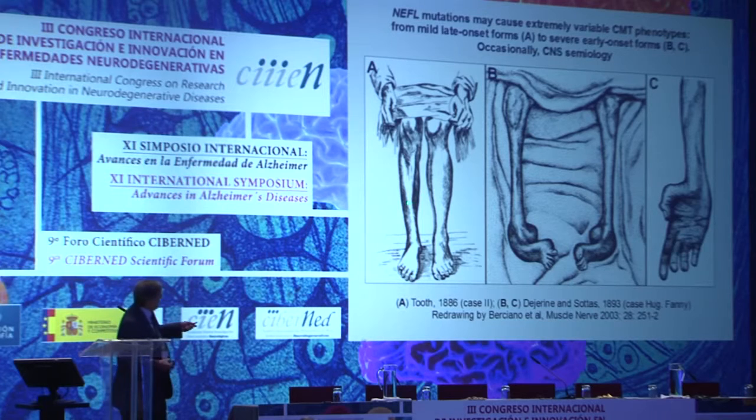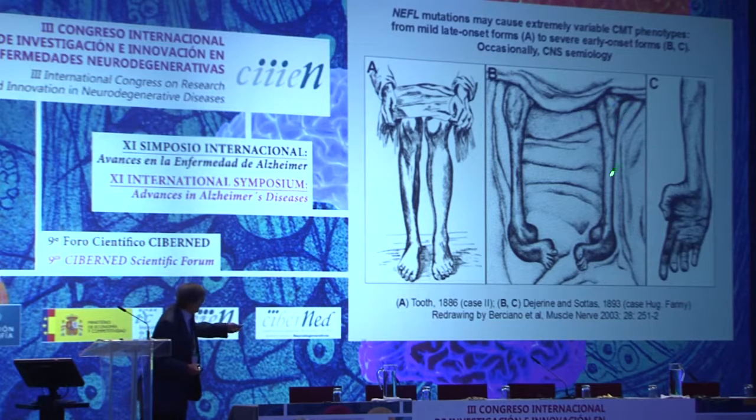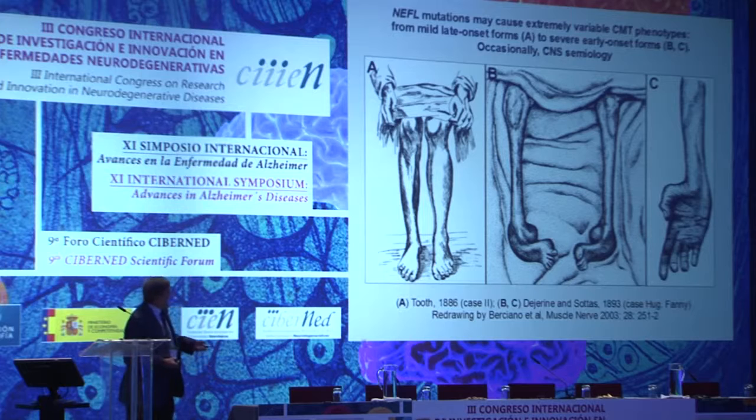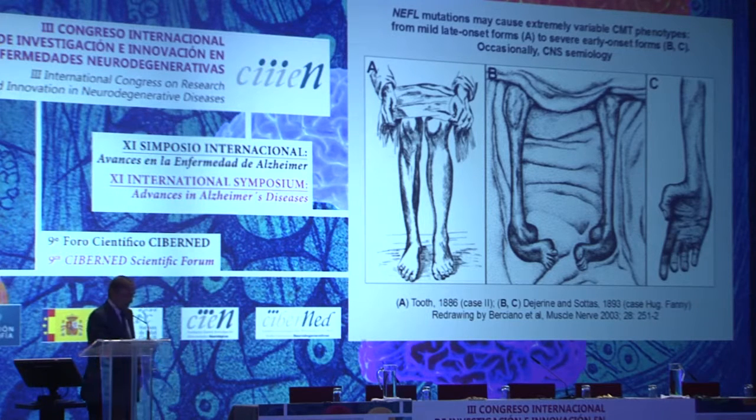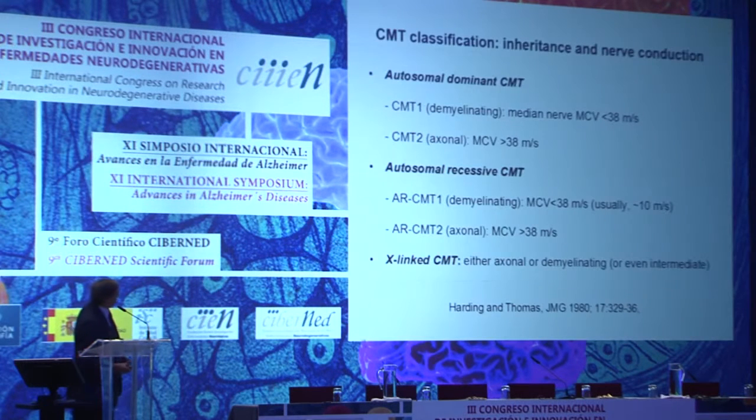In contrast with this, see here a severe clinical picture with massive amyotrophy of the lower legs, pes cavus varus, atrophy of forearms and muscles of the hand, and initiating clawing of the hand, described in the case finding by Hoffmann and Sottas one century ago, more than one century.